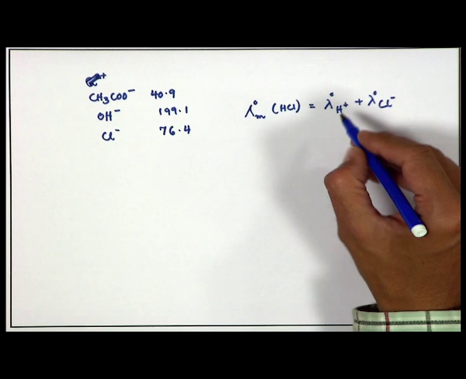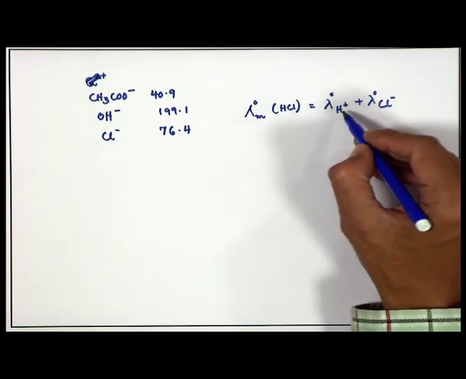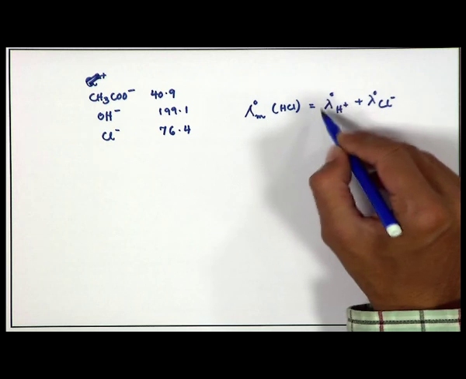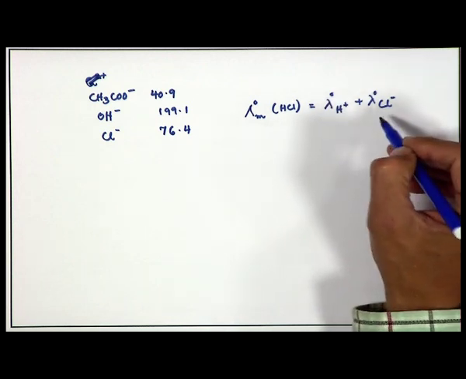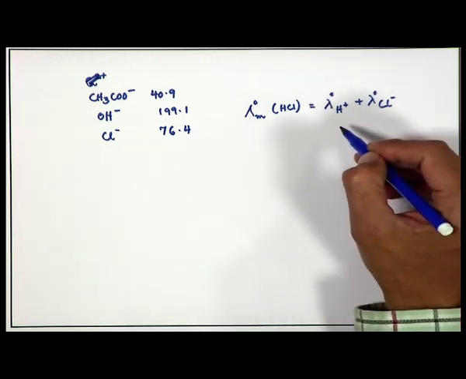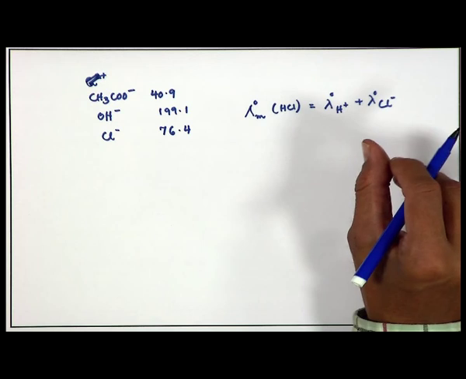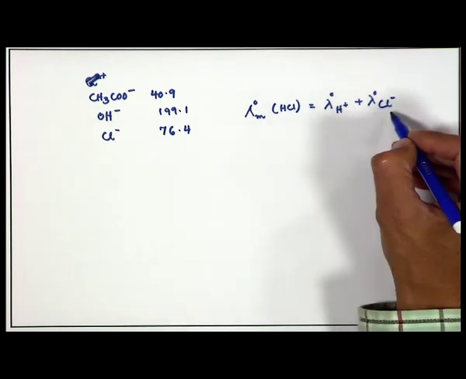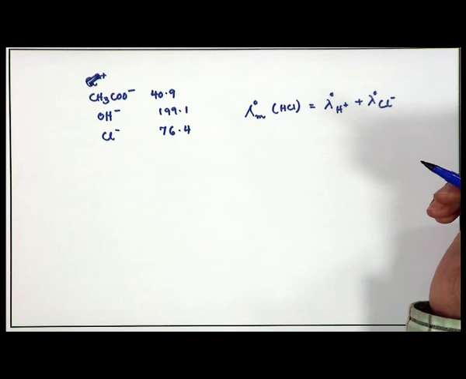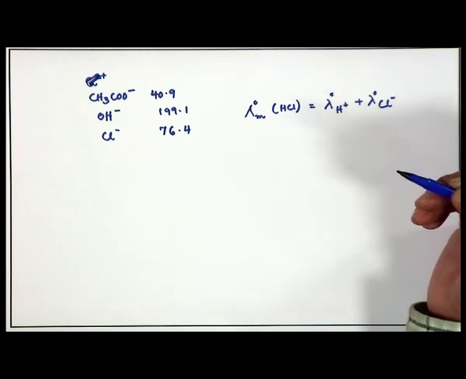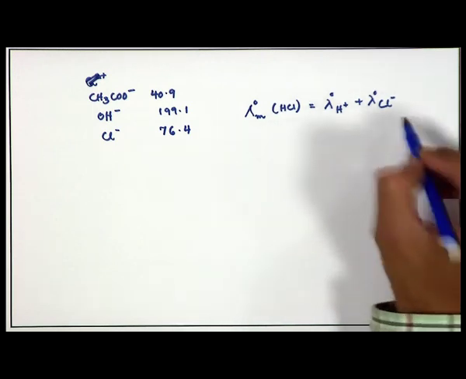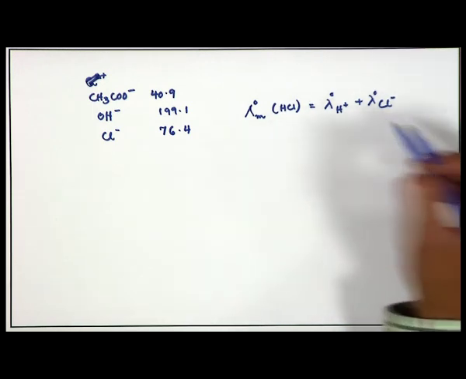What you have to do is consider several different combinations of electrolytes, and then by trial and error you plug in different numbers for the positive counterpart and the negative counterpart, and you may be able to arrive at some numbers which will give you a faithful value for these lambda 0 quantities for different ions.